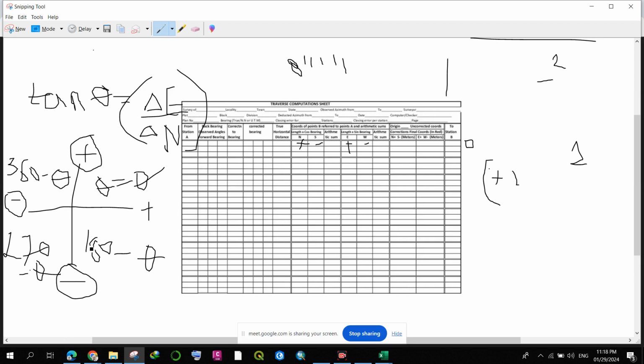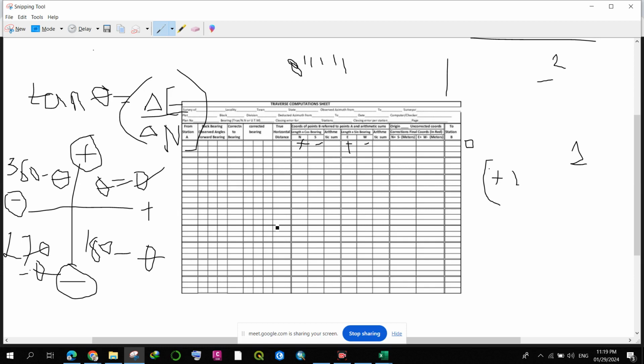Now that is all about backward computation. You are using your coordinates to get your bearing, and at the same time you're getting your distance and your partial northing and easting. Now let's say you're not given all the coordinates. You're given the coordinate of one point, the bearings of the other lines and the distances, and you're asked to compute.